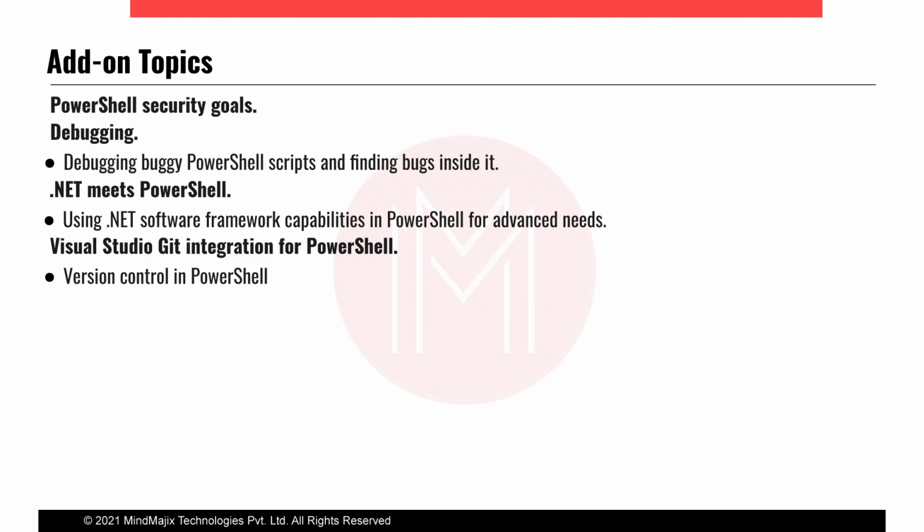So a PowerShell script writer should have good debugging skill. It is up to the audience how deep they want to go, but I will give the introduction, and then it is up to you how much advancement you want. But debugging is very important for good PowerShell script writers.